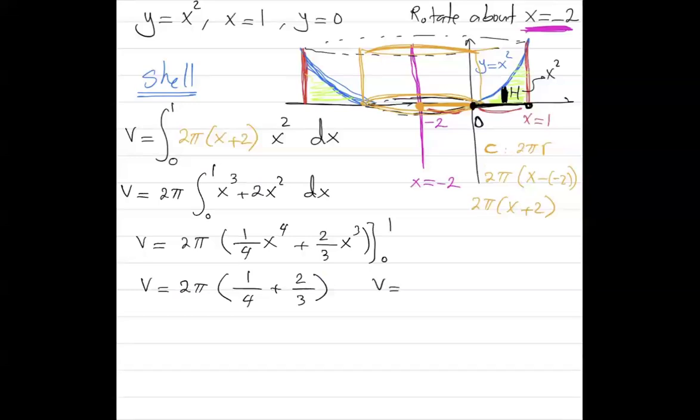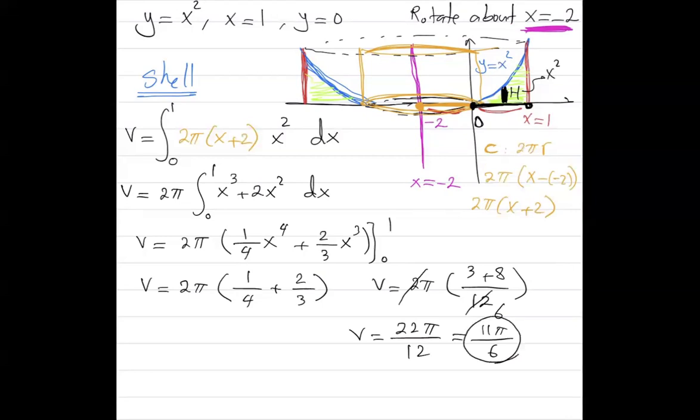If you take common denominator 12, you get 3 plus 8, or the volume is 22 pi divided by 12, which simplifies to 11 pi over 6. So this is the volume that we can calculate using the shell method.